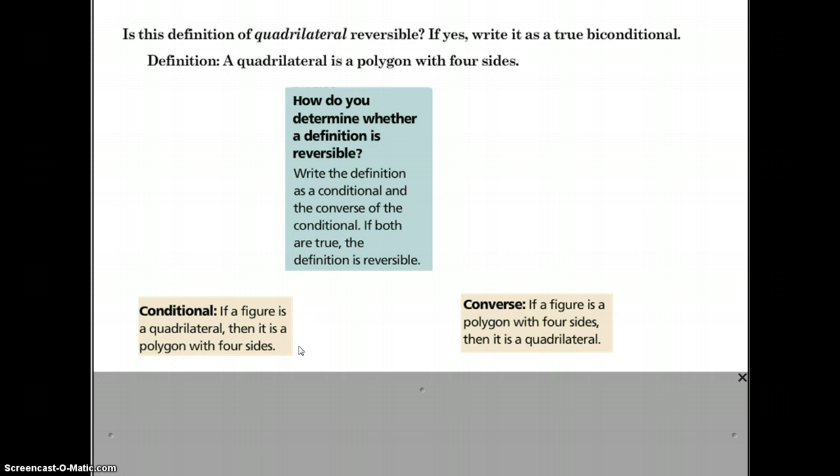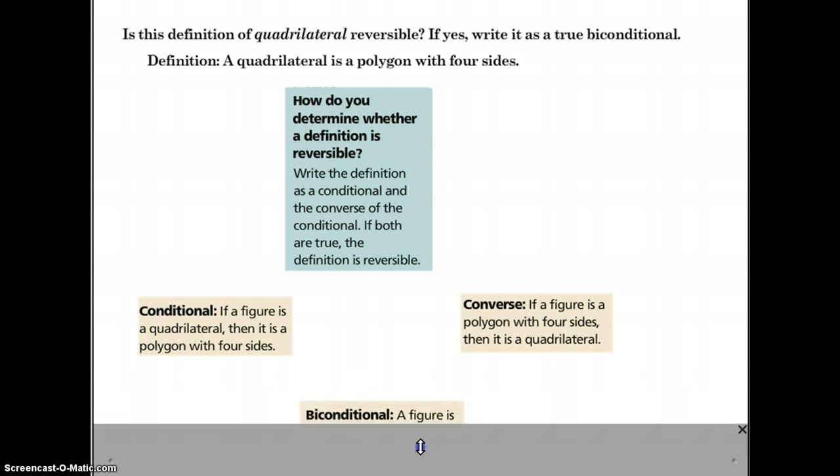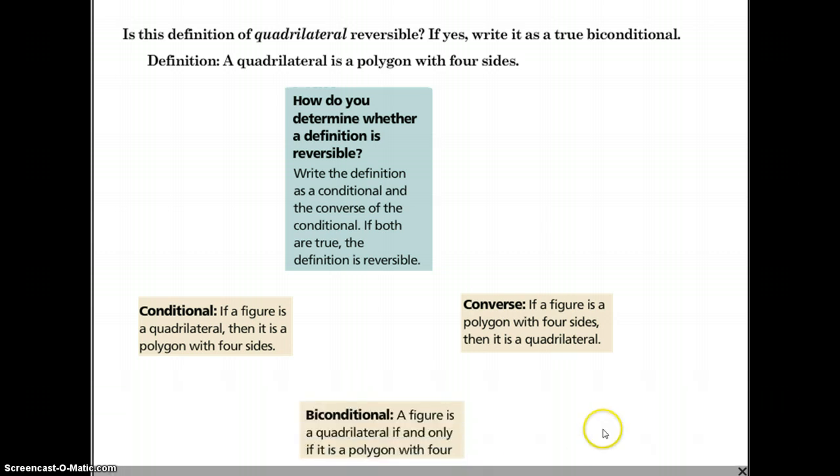Well, that's true. Let's check my converse: if a figure is a polygon with four sides, then it is a quadrilateral. Yeah, that's true as well. So I can make a biconditional: a figure is a quadrilateral if and only if it is a polygon with four sides.